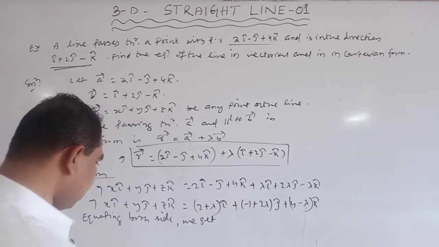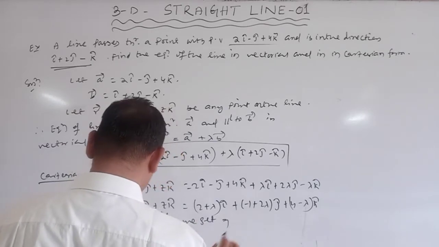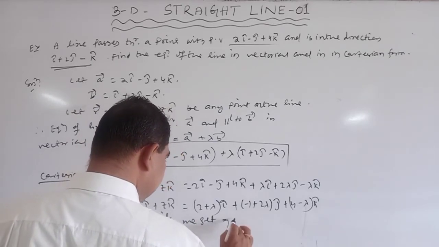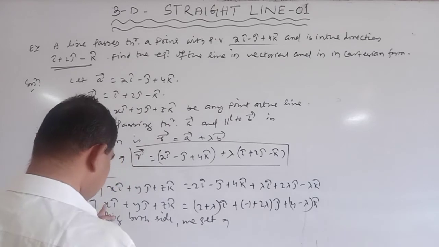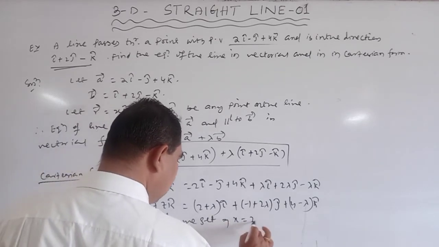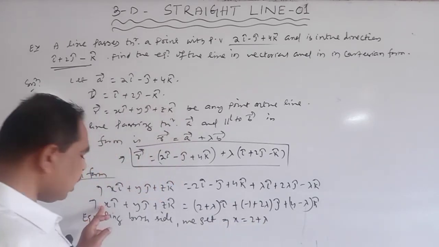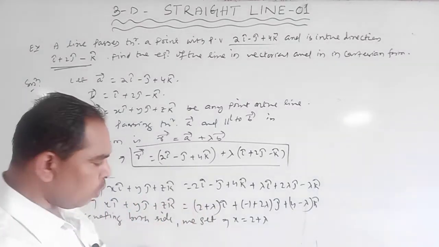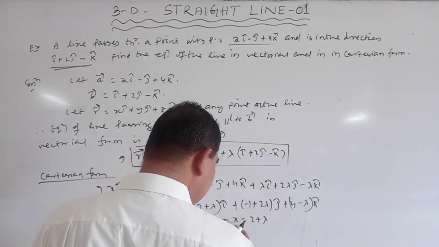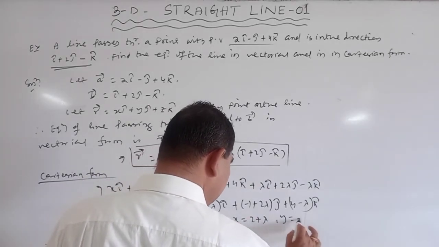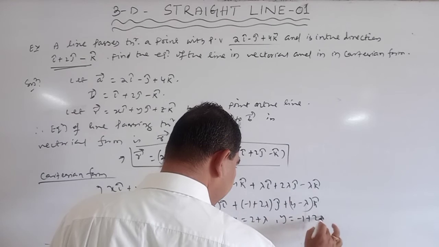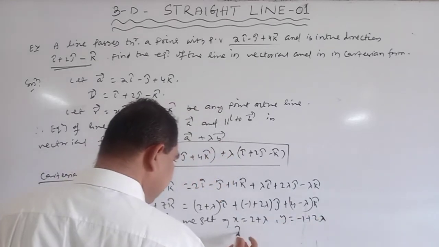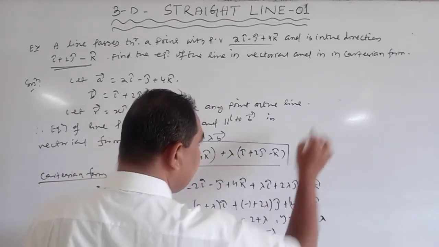So x is equal to 2 plus lambda, y is equal to -1 plus 2 lambda, z is equal to 4 minus lambda.